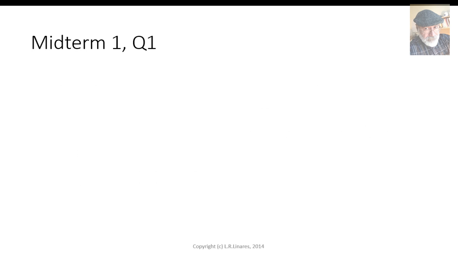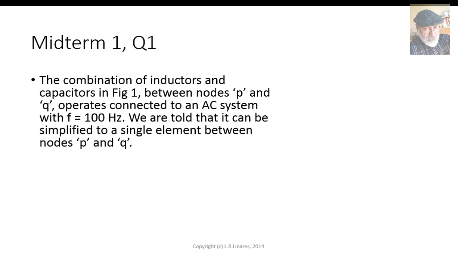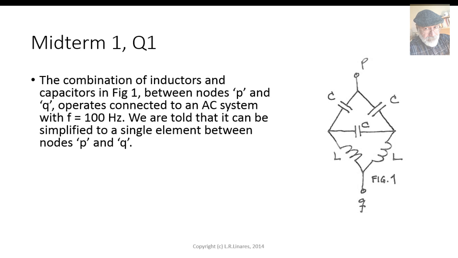Let's turn our attention to midterm number 1. Question 1. The combination of inductors and capacitors in figure 1, between nodes P at the top and Q at the bottom, operates connected to a non-shown AC system with a frequency of 100 hertz. We are told that all that group can be simplified to a single element between nodes P at the top and Q at the bottom.